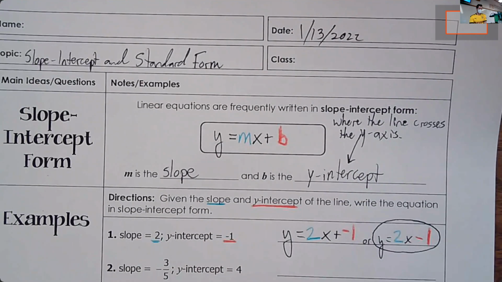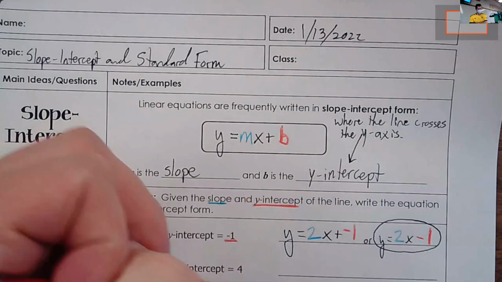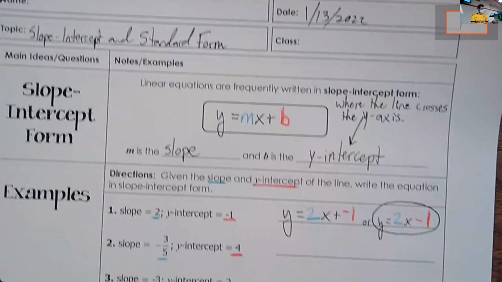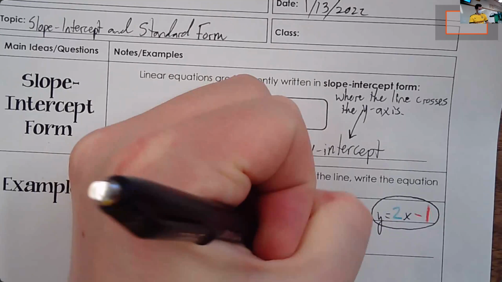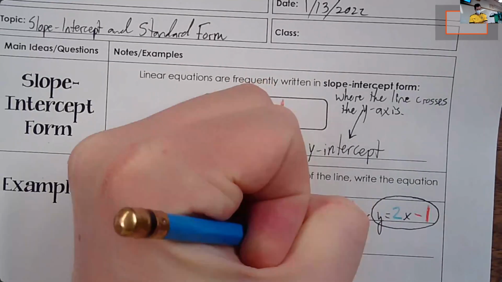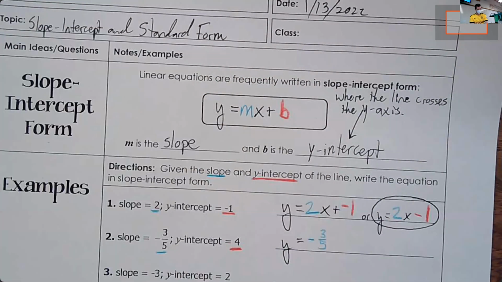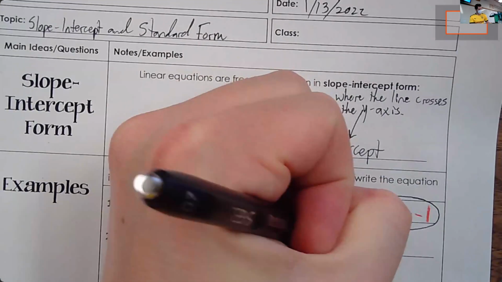So like on this next one, we've got a slope of -3/5. We have a y-intercept of 4. So we are going to write y equals -3/5 x, don't forget the x, and then plus 4.